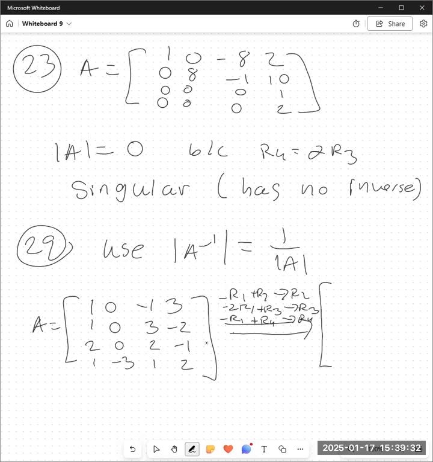It's going to give me 1, 0, -1, 3, 0, 0, 4, -5, 0, 0, 4, and then that's -6, that's -7. And then we have 0, -3, 2, and -1.